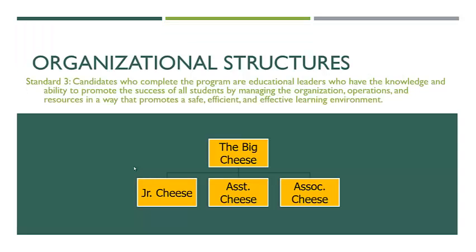So what we can see here, Standard 3 deals with organizational structures. And you can see I put the ELCC standard up there. And remember, this is the standard that guides school administration programs around the country and literally around the world.